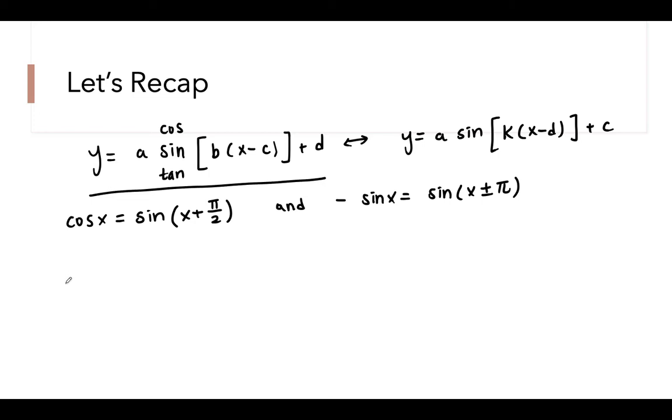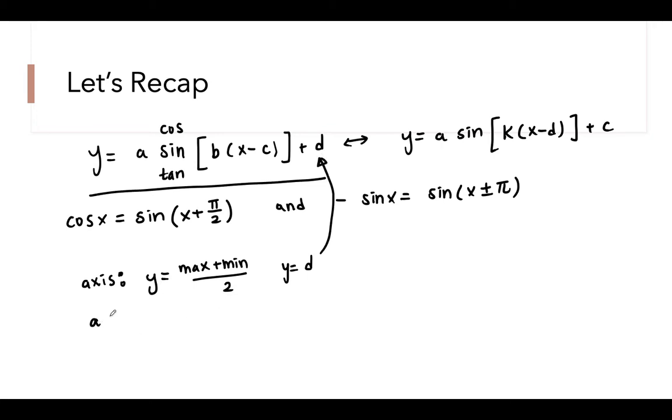Now the axis of the function. To find the equation of the axis, the formula looks like this: y is equal to the maximum plus the minimum divided by 2. In this case, y is equal to the d value.